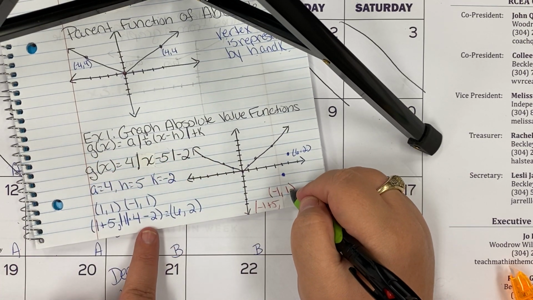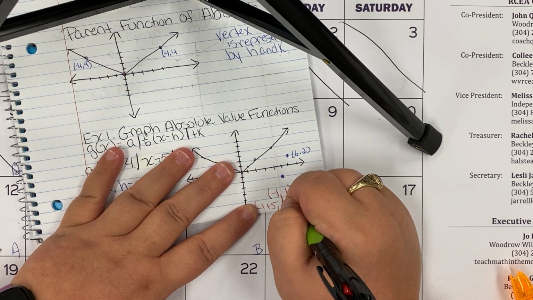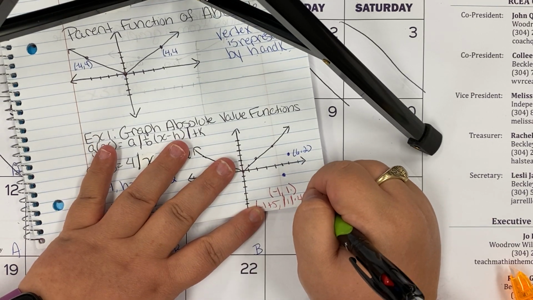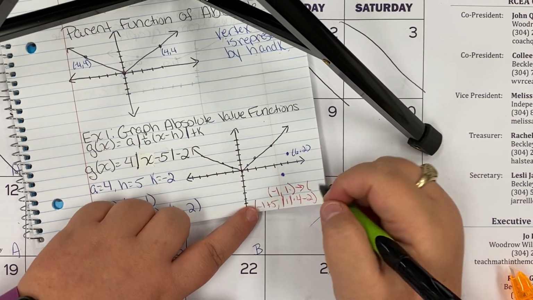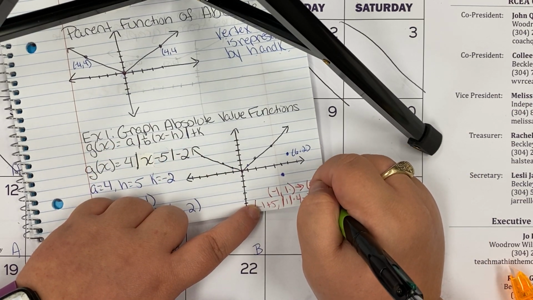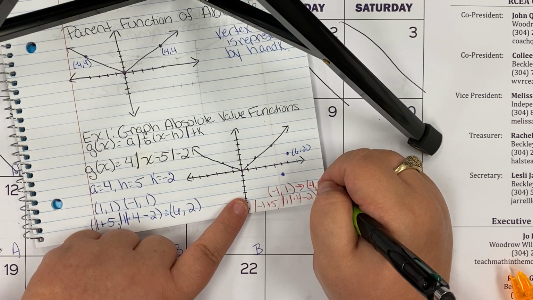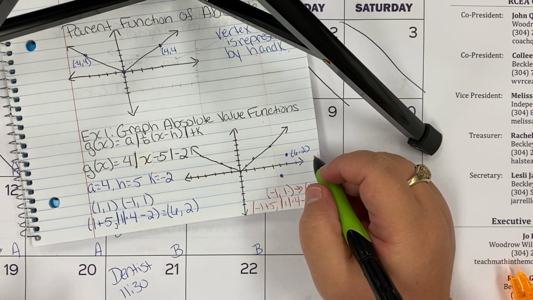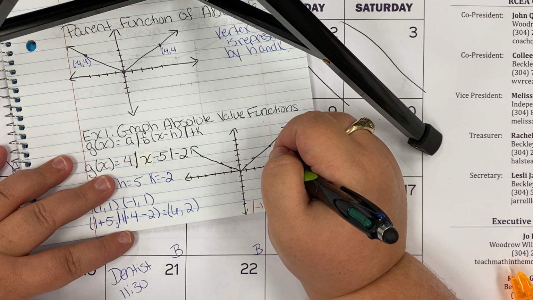And then again, to my y value, I'm going to say the absolute value of 1 times 4, because a is 4, and I'm going to subtract 2. So this is going to become 4, 2. So negative 1, 1 is going to become 4, 2. So 1, 2, 3, 4, and up to 2.